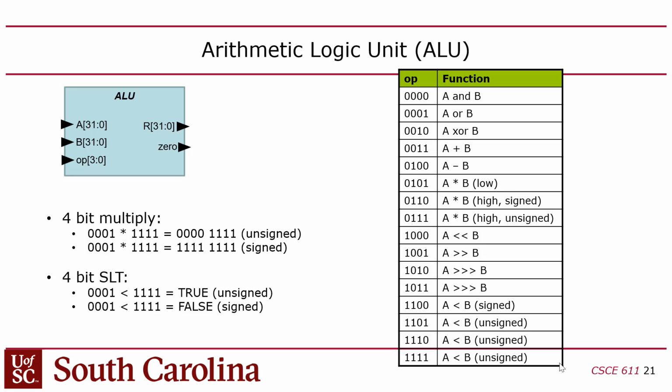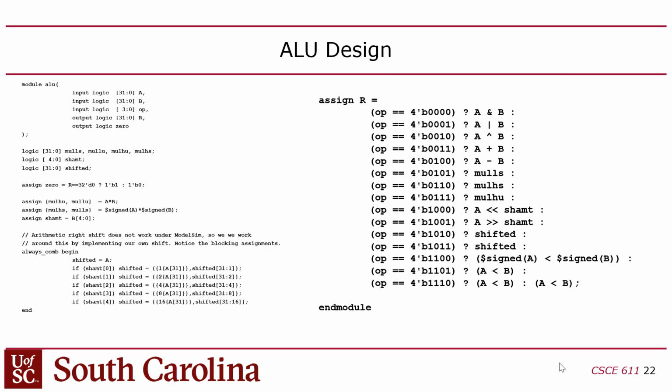Then we have the ALU. This is also in the Project 3 skeleton. And I think this is the exact code that's in there. It's longer, and there's 2 columns here. The bulk of the code here is just one assign statement with these nested ternary statements in it, right?